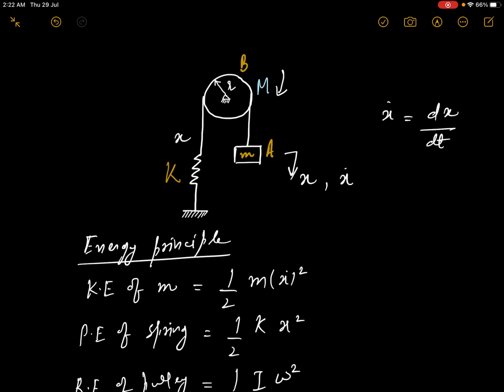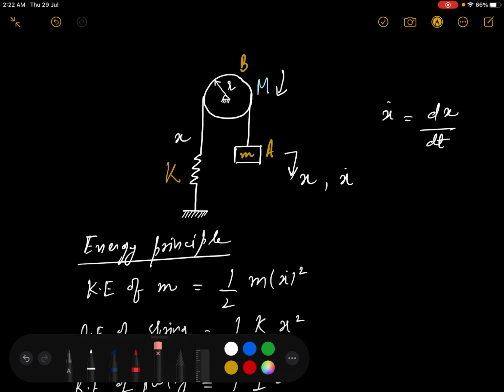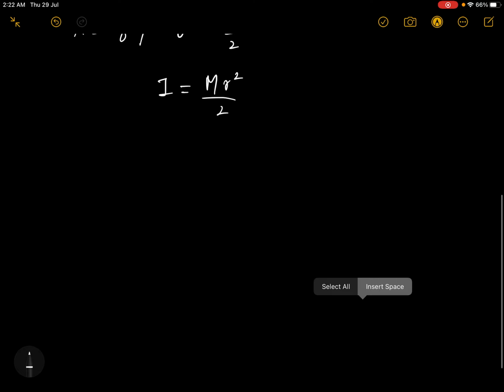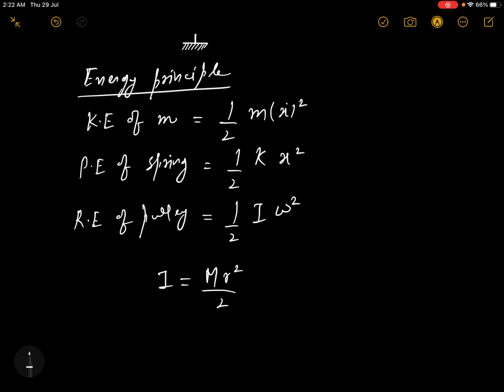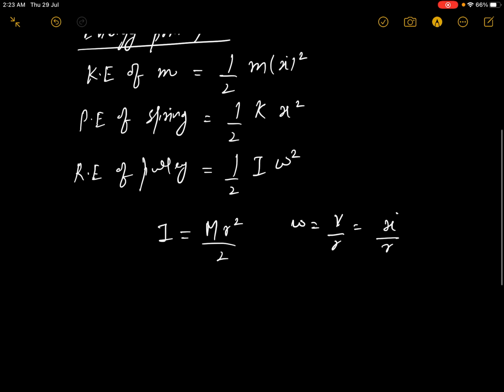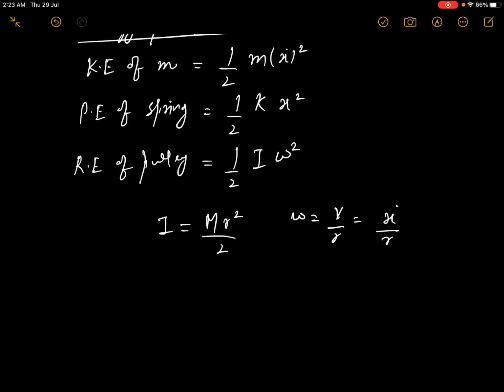So let's try to solve this problem now. We can write omega as v by r, or we can write v as x dot by r. So let's sum up all these energies.